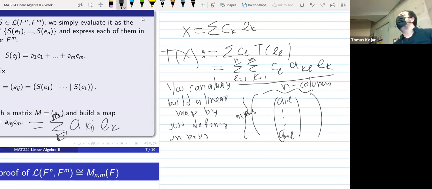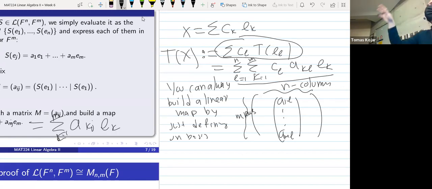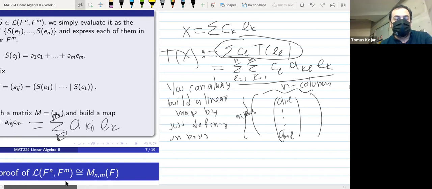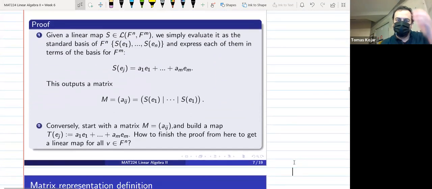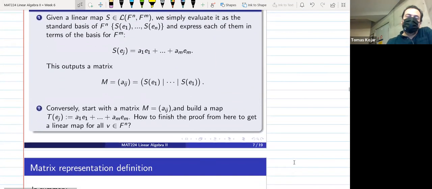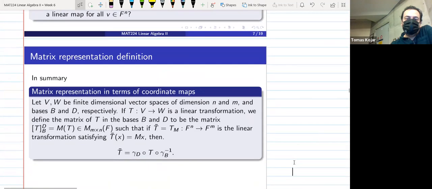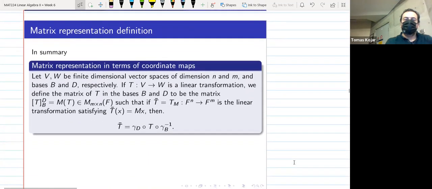It's too confusing. Just write what the part said: the summation of C_L times T of E_L. That's the simplest of all. So don't kill yourself over this. That's how we get it for all V. Just define it coefficient-wise.